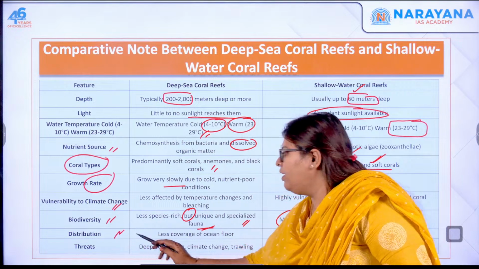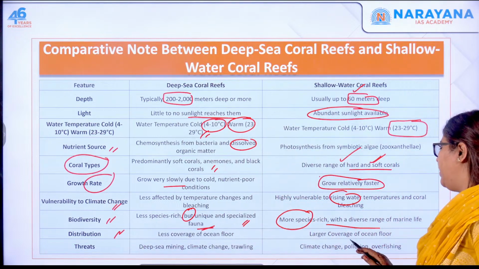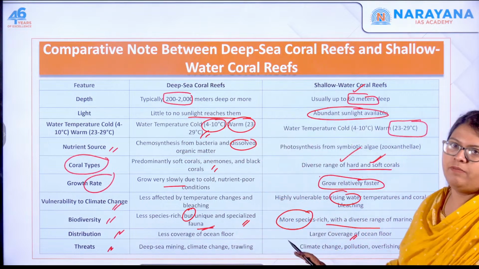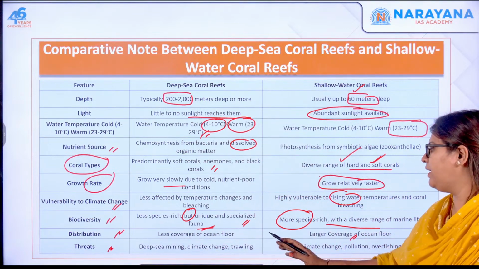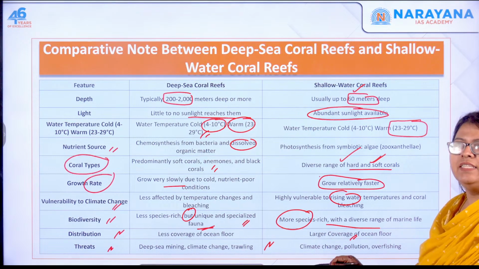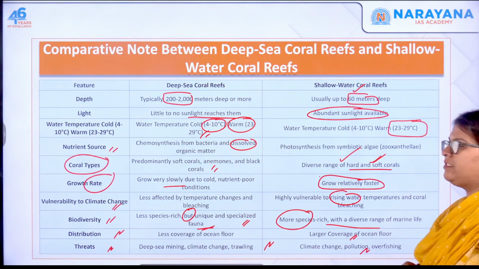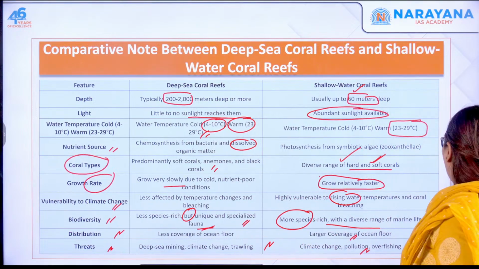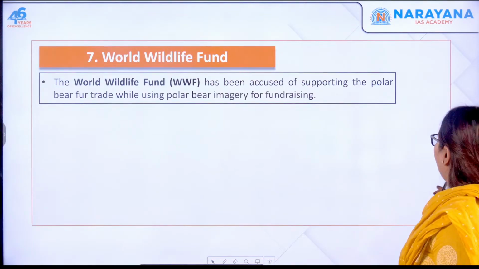Next, distribution. Here less coverage of the ocean floor, whereas here large coverage of the ocean floor. And the threats: both of them face almost similar threats. Here it is deep sea mining, climate change and trawling. Here it is climate change, pollution as well as overfishing. So these are the differences between the deep sea corals as well as the shallow water corals.